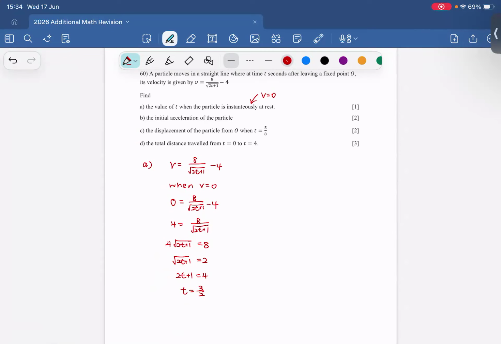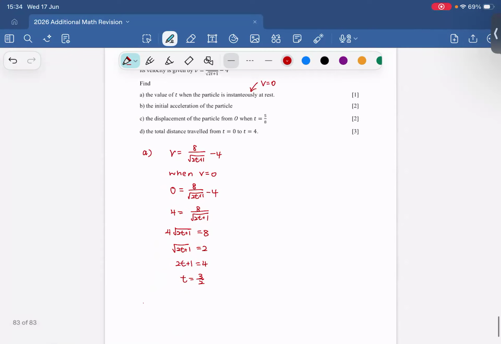The initial acceleration of the particle. So from v to find a, we just need to differentiate our velocity. And then I just write a equals to dv over dt, which is equals to, when I differentiate that, this is actually equals to 8 bracket 2t plus 1 power negative half. So when I differentiate, what do I do?